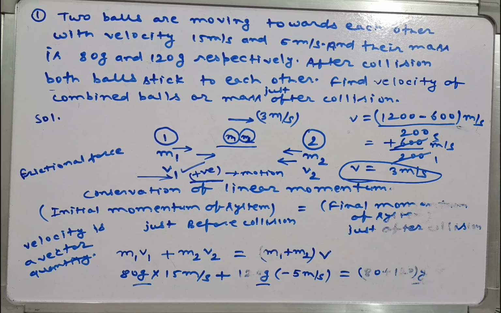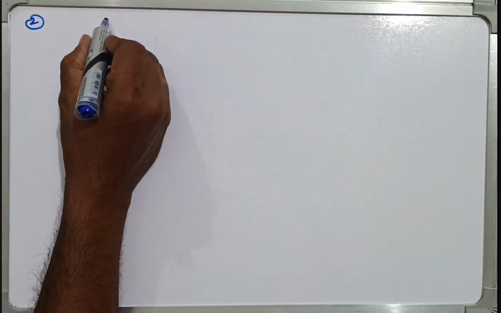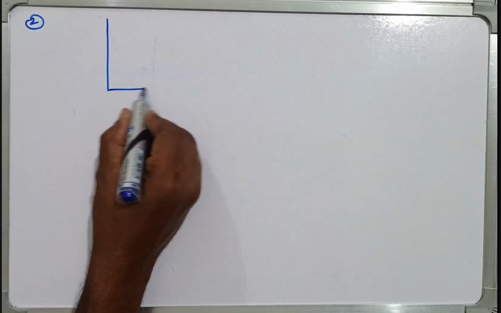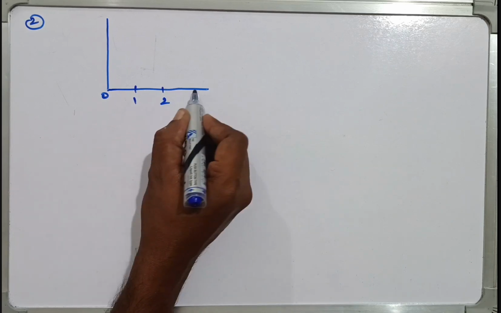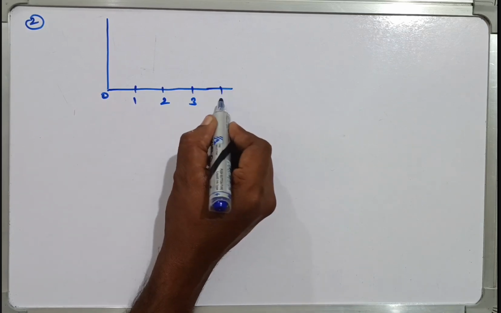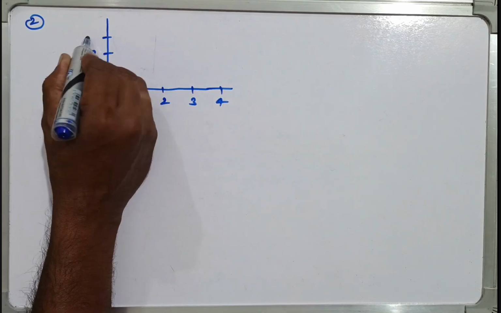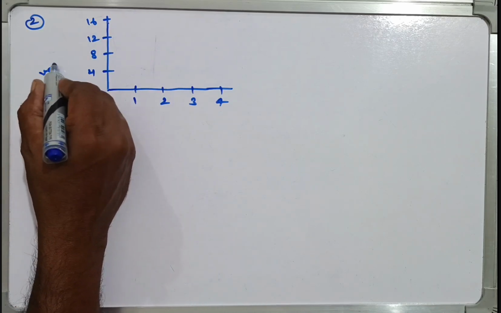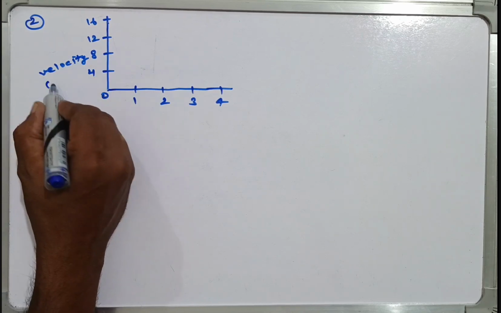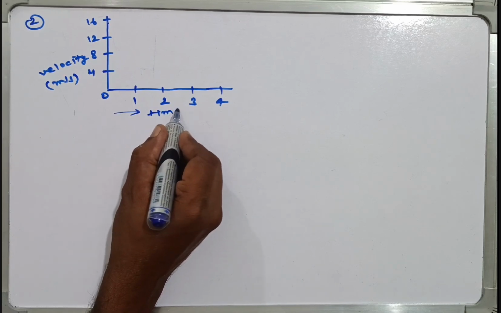Now see the second question, question number 2, guys. A velocity time graph of a ball is given here. This is 4, this is 8, this is 12, and this one is 16. The velocity of the ball is in meter per second, this one is the time axis, in seconds.